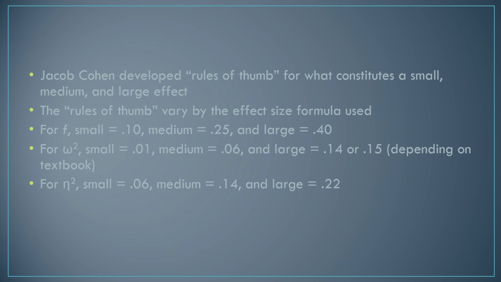So there are some general rules of thumb for each of the effect size formulas, but for some of the most common ones, they are here. But for all of your effect sizes, you should be able to denote some thresholds of what is considered small, medium, and large, and be able to relate that to the context to determine if that effect size is ample enough in order to make your results actionable.